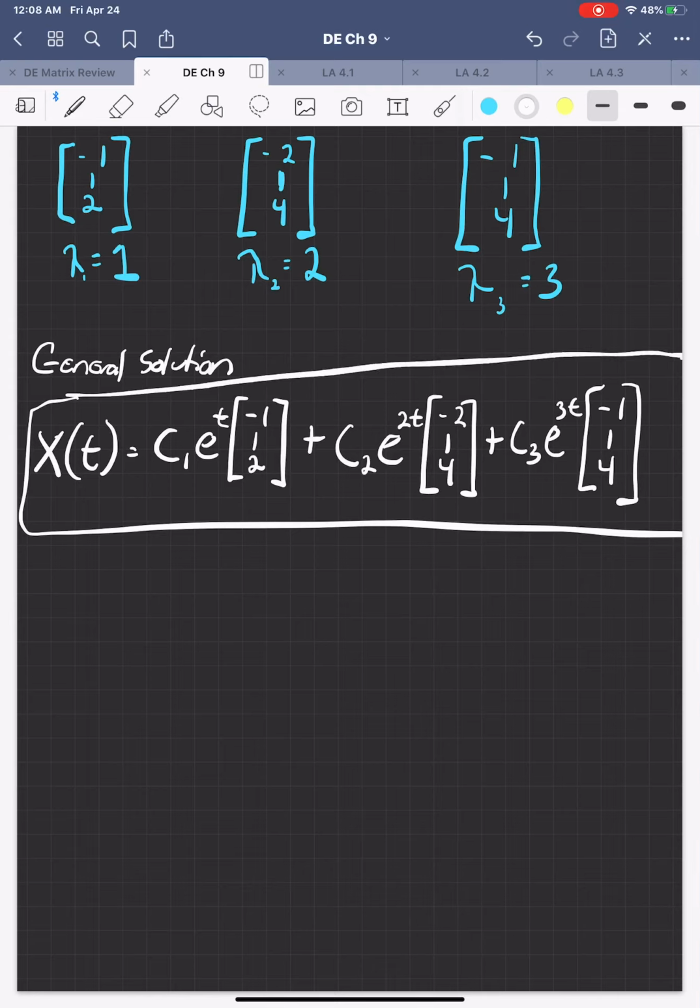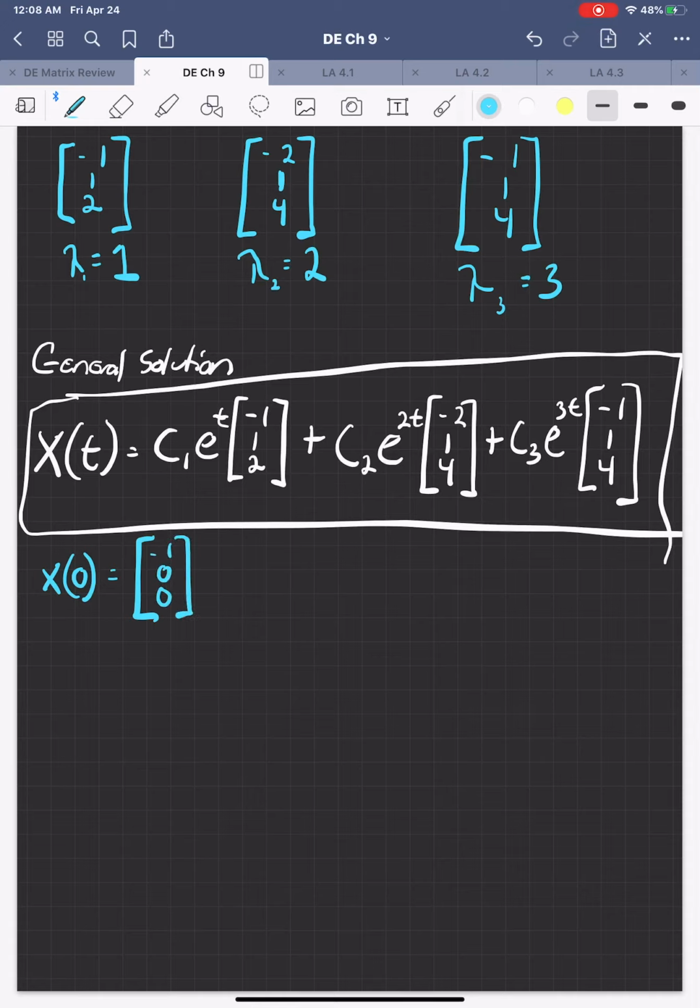Now, we can go a little bit farther with this problem because we were actually given a little bit more information. We were told, let's see if I can pull it, that x sub 0, or x of 0, is equal to negative 1, 0, 0.